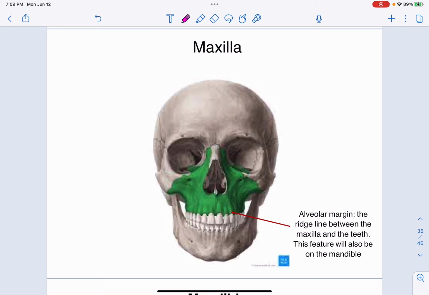You will see something called the alveolar margin on both the maxilla and the mandible, because it is the ridge line between the bone and the teeth. So it is this line here. I'm going to try and draw it the best I can. That is the alveolar margin.